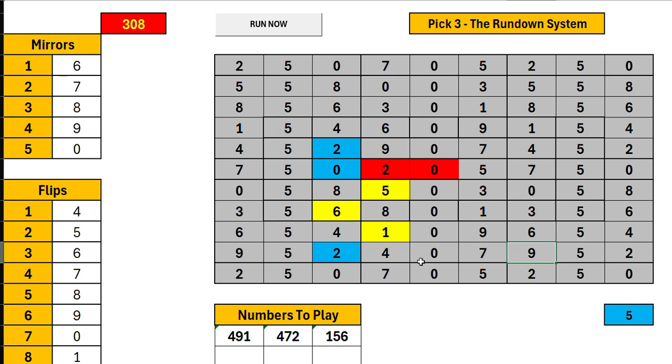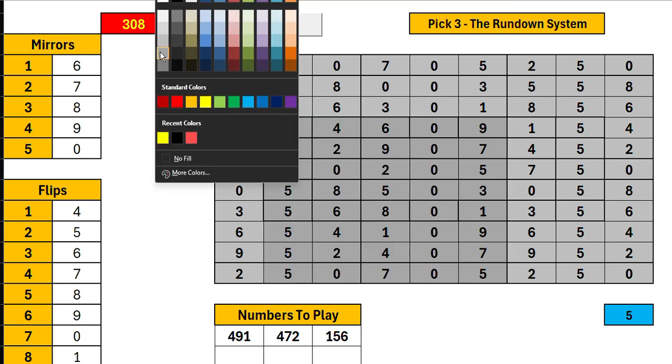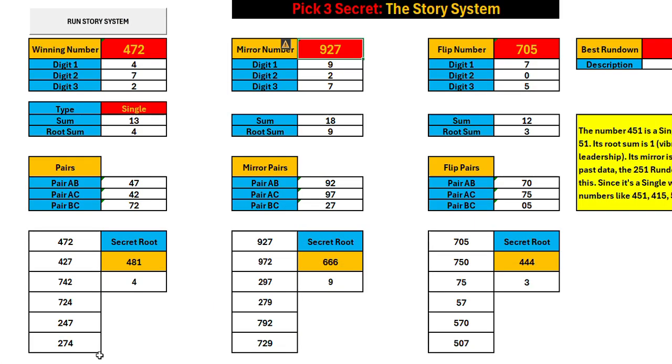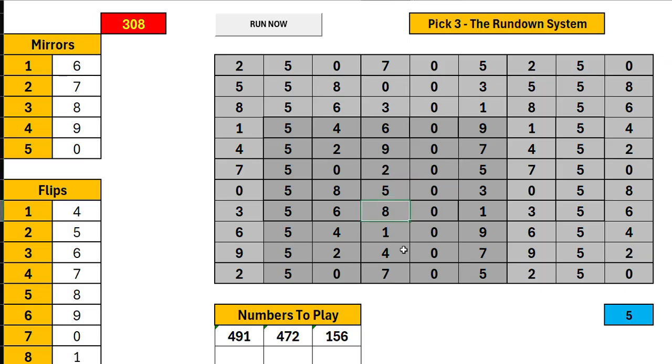So that's the 308 number, and this one is just really a simple idea as well. But I'm using the flip number, not just the 472 number. And this one says the root sum is 12. So if you go back in this chart, 12 would have been the same thing here, the 21st.